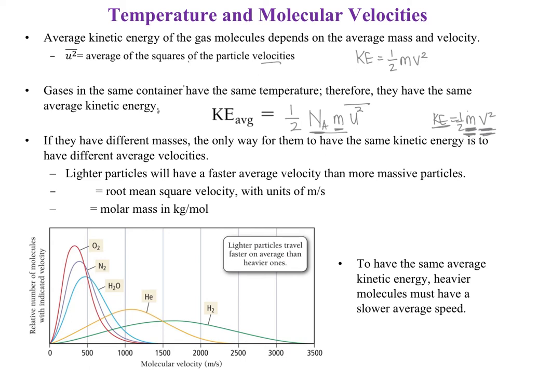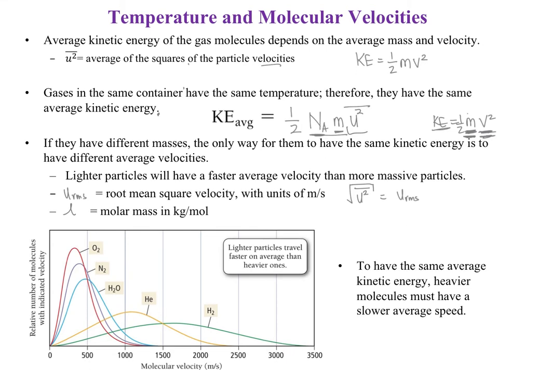The root mean squared velocity is what we use in chemistry and physics, where we take the velocities squared, average them, and then square root them. Its units are meters per second. Then we're going to use that cursive M for molar mass, and that will be in kilograms per mole, so that we can be in the right energy units for it to cancel out with joules.